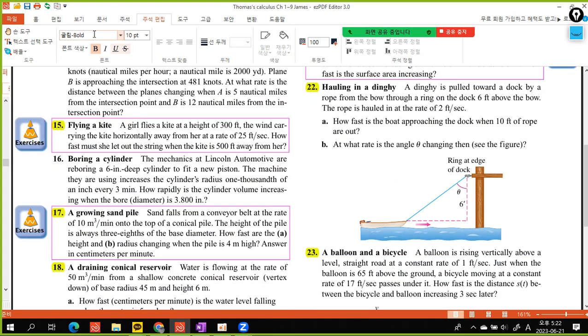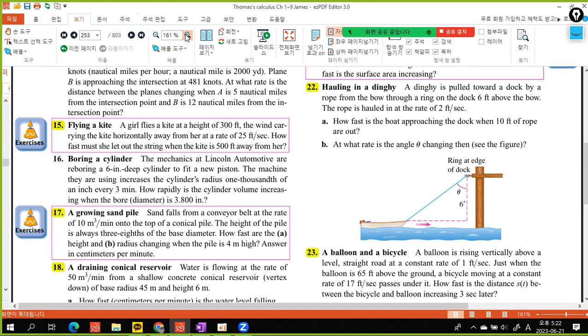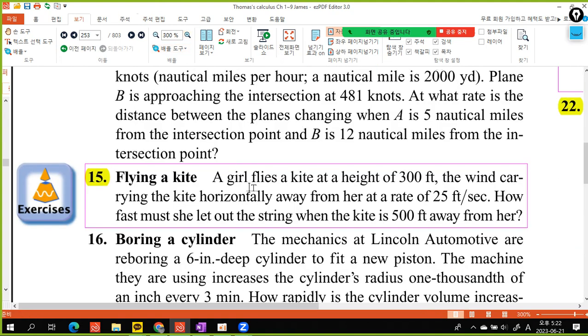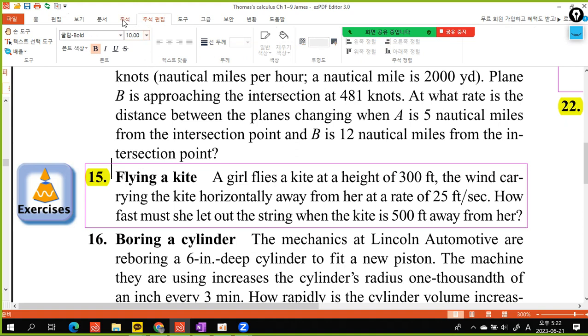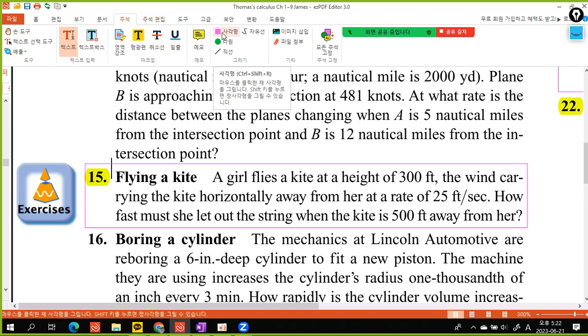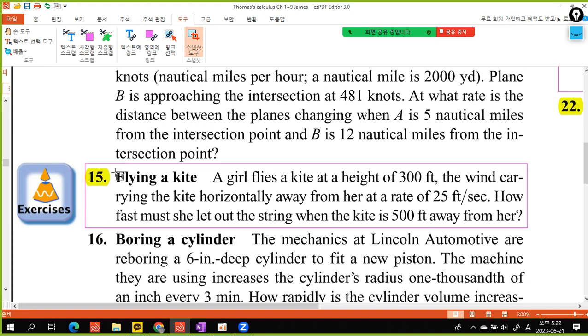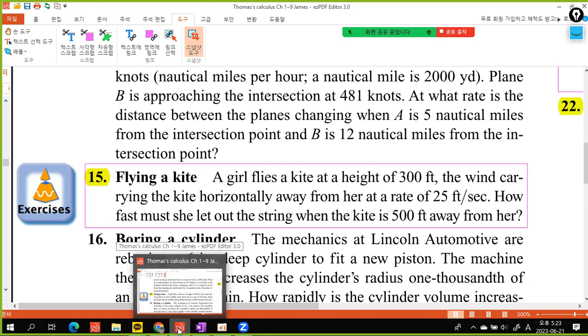And in number 15, when a girl flies a kite, she needs to let the string loose to keep the kite flying.